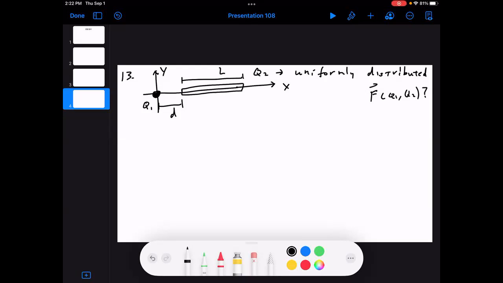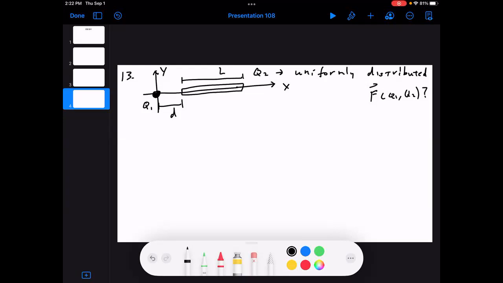But let's go through this problem because I like the way it walks through. Okay. Q2, Q1. This is the force. Let me just make sure I'm right about my charges here.